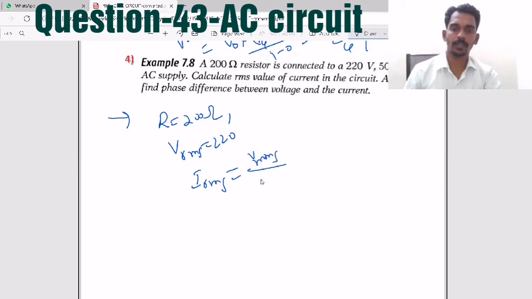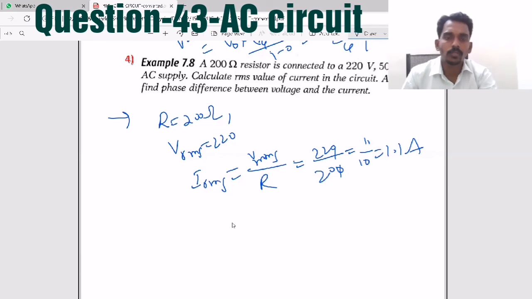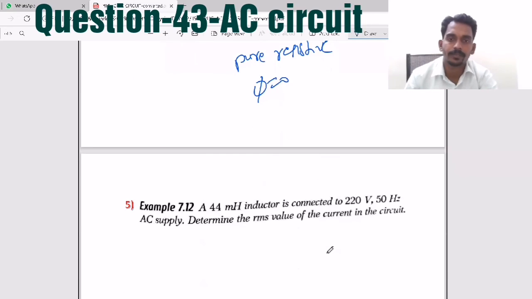I RMS means V RMS by R. I naught is V naught by R, I RMS is V RMS by R. So that is 220 by 200. So 0, 0 cancel. 11 by 10 or 1.1 ampere. Also find the phase difference between voltage and the current. As it is pure resistive, the phase difference is 0 degree.